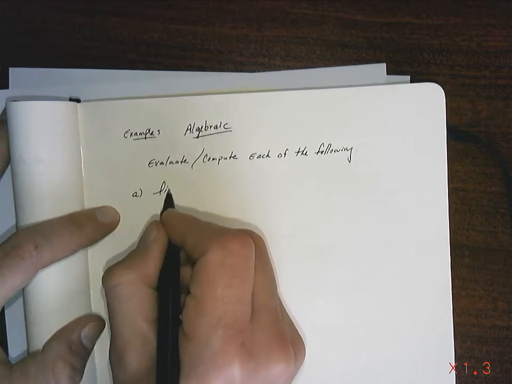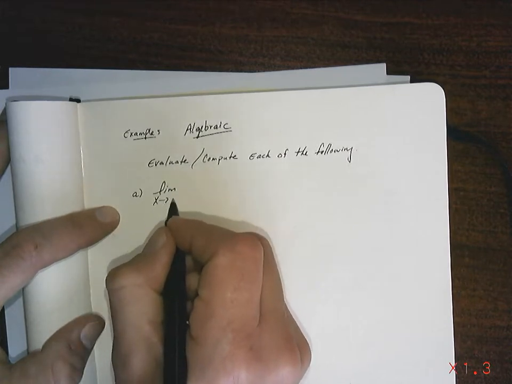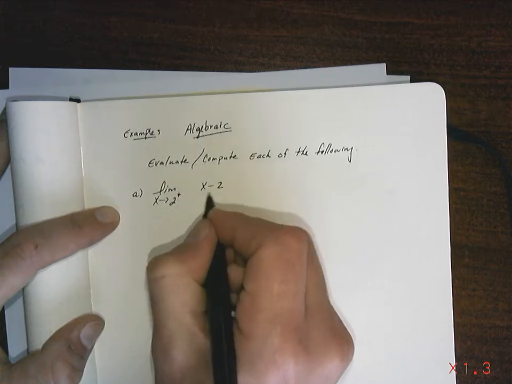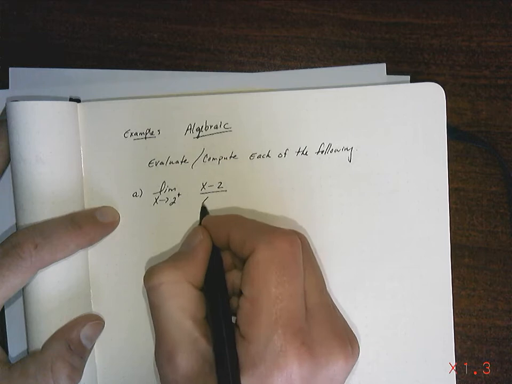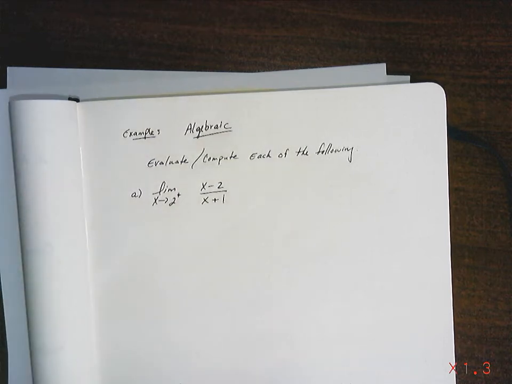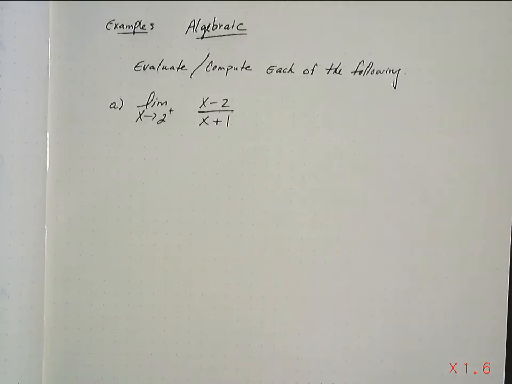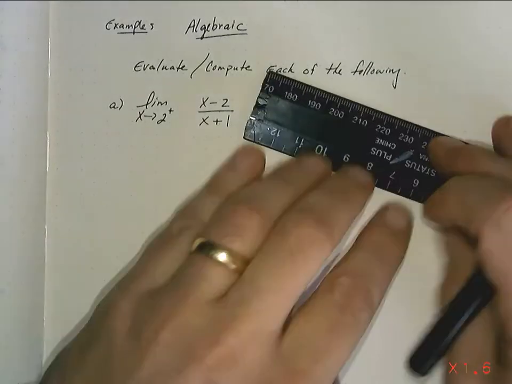Let's do the limit as x approaches 2 from the right of x minus 2 over x plus 1. Now, depending what tools you have at your disposal, if I'm going to do this algebraically, I'm going to set up a chart.